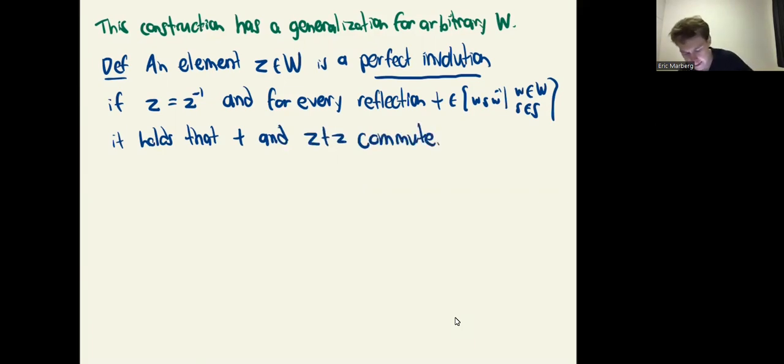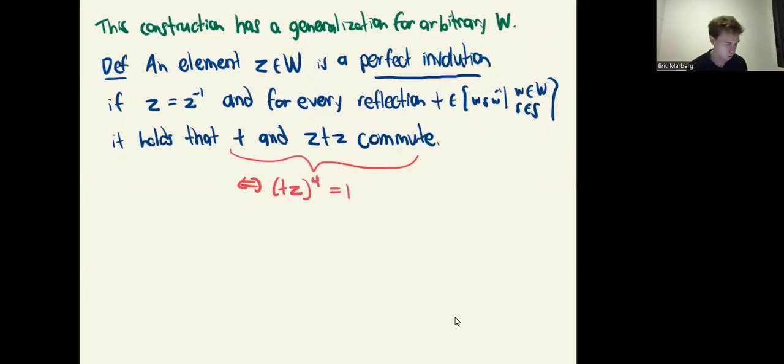This is just a technical definition, but this is the simplest way to phrase it. For any reflection T, T and ZTZ commute; this is equivalent to just saying that T times Z to the 4th power is equal to 1, if you want to write it like this.